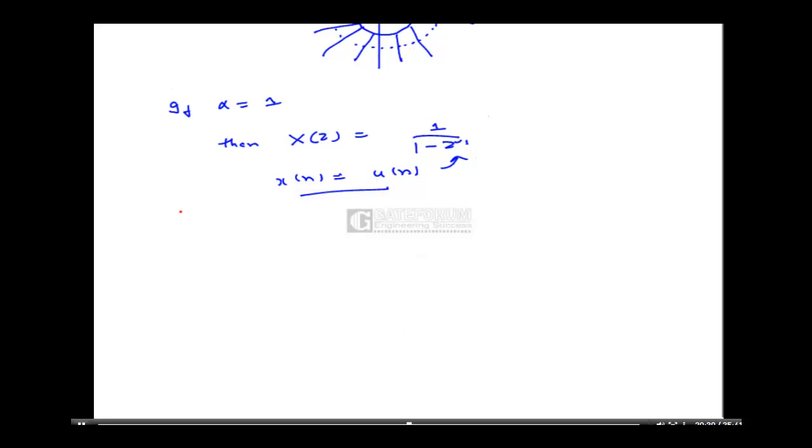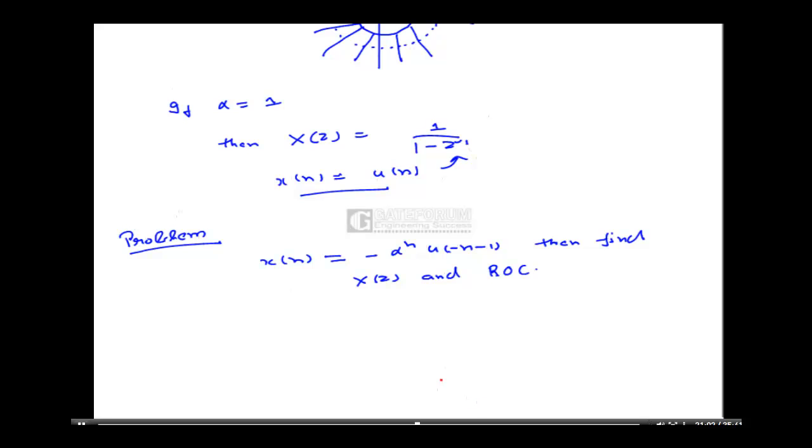Now the second problem will be, if x[n] is equal to minus alpha to the power n u[minus n minus 1], then find X(z) and ROC. Solution is similar, the same type of formula again we have to use.